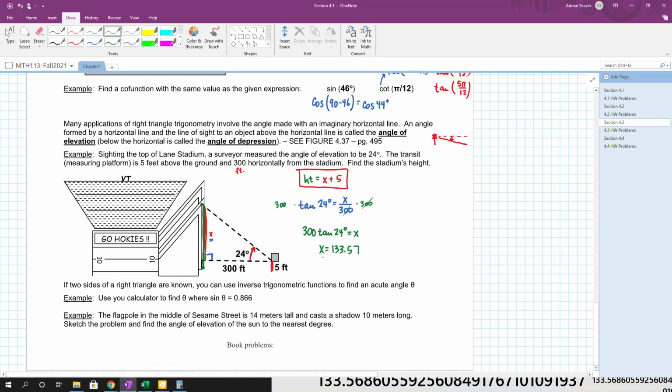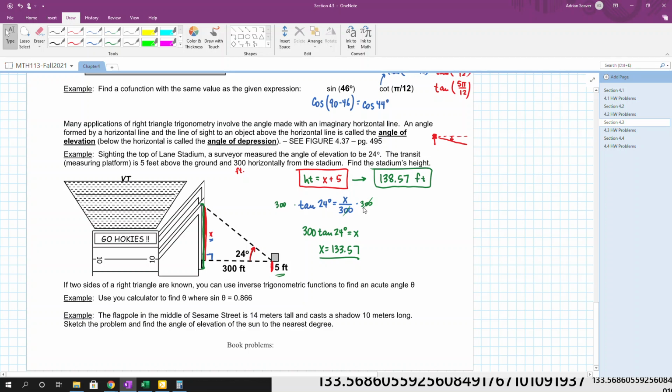Remember, that is not the answer because that's not the height of the stadium, because you still have to account for that extra 5 feet. So my height is actually that plus 5, which is 138.57 feet. I think that's fairly accurate based on some things that I looked up. That's about the height of the stadium based on that surveyor station.